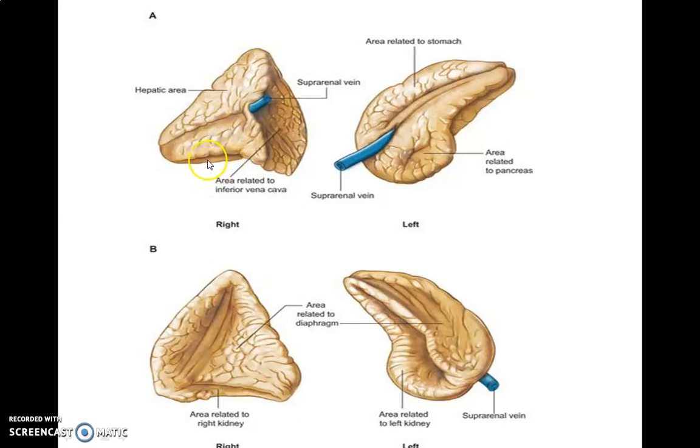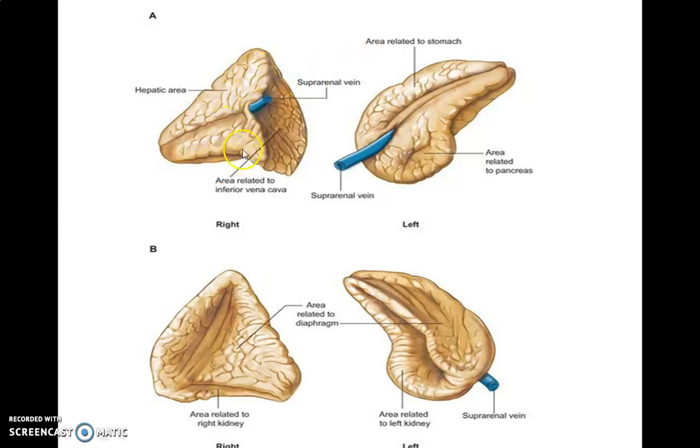The base is directed below and overlaps the upper end of the right kidney. The apex is directed above and is overlapped by the inferior vena cava. Close to the apex, you can see on the anterior surface there is a hilum through which the right suprarenal vein emerges upward and forward.